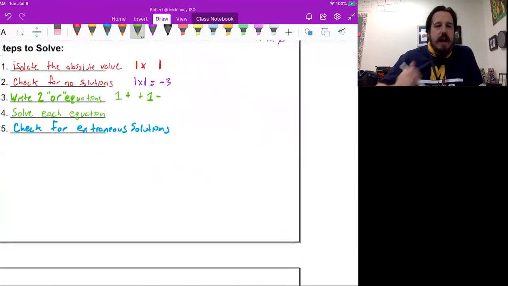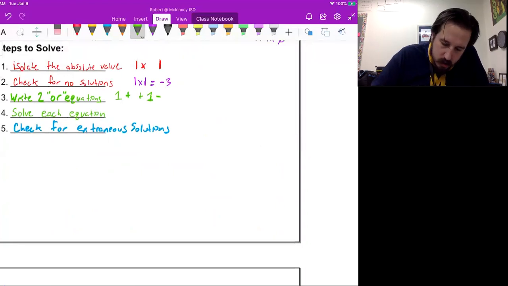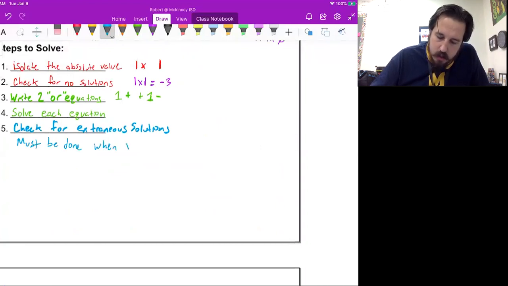This is step 5, checking for extraneous solutions. This must be done when x is inside and outside of the absolute value.